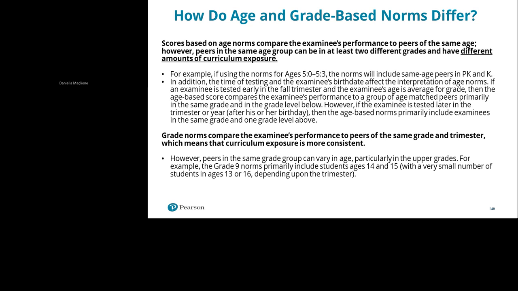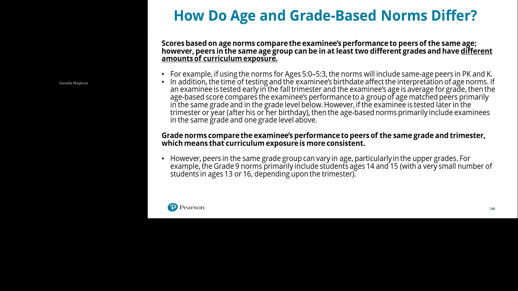Now, grade norms compare examinees to peers of the same grade and trimester, so obviously curriculum exposure is more consistent. But peers in the same grade can vary by age, especially when we're looking at the upper grades, and we're talking specifically about high school.